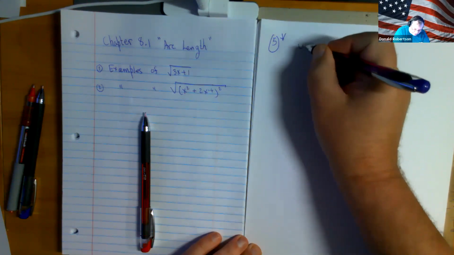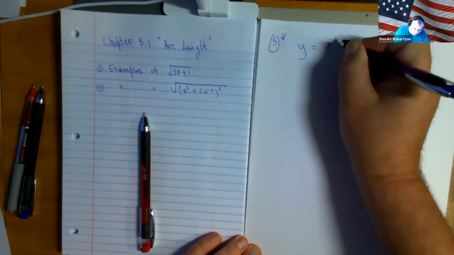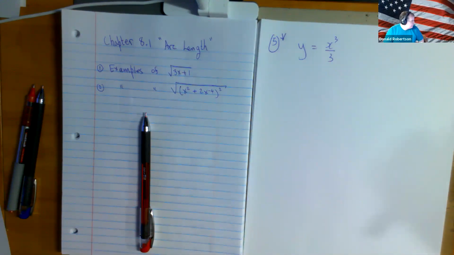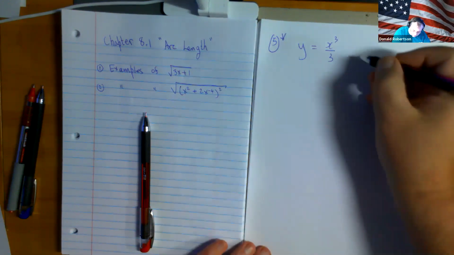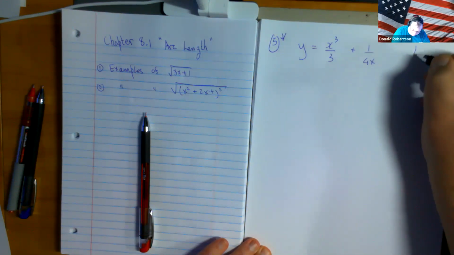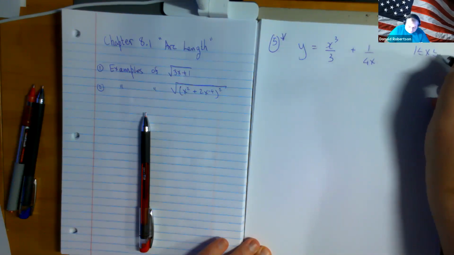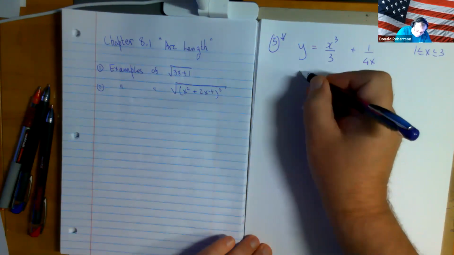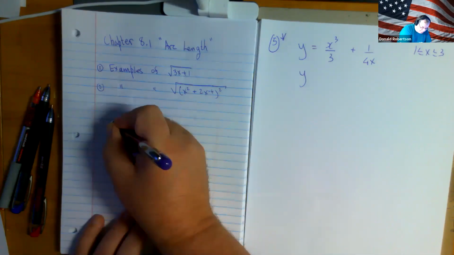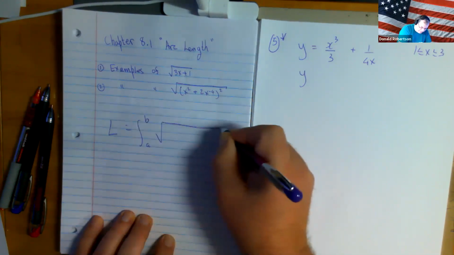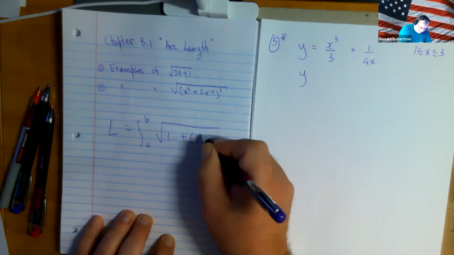And it's y equals x cubed over 3 plus 1 over 4x. We got that guy. Might as well put the formula for arc length over here while I'm doing my thing.